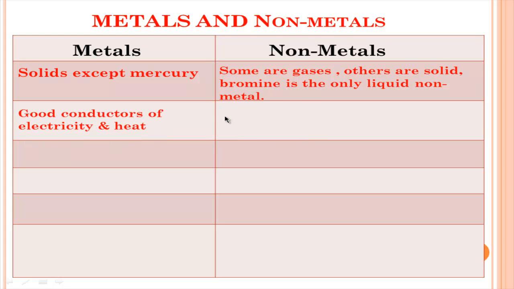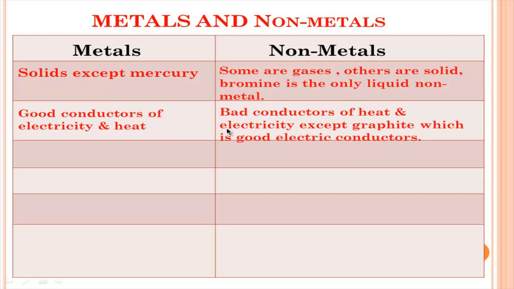Metals are good conductors of heat and electricity. Non-metals are bad conductors of heat and electricity, except graphite, which is a good conductor of electricity. Metals have luster or are shiny. Non-metals have no luster or are not shiny. All metals are malleable or ductile.